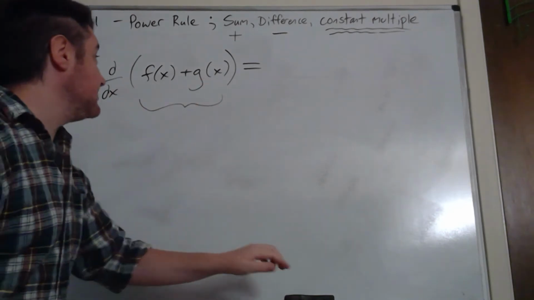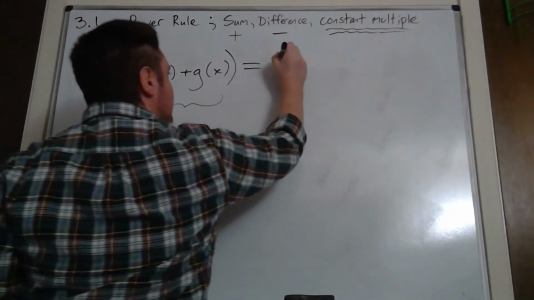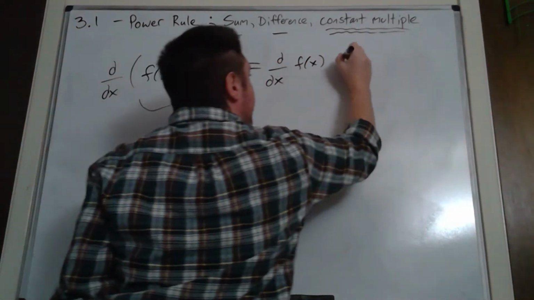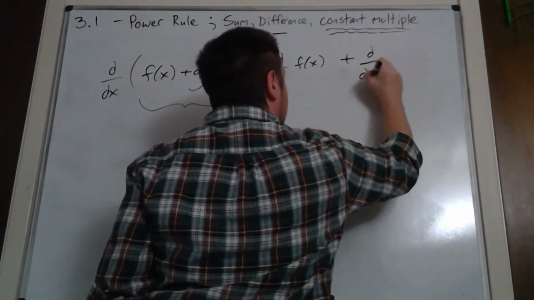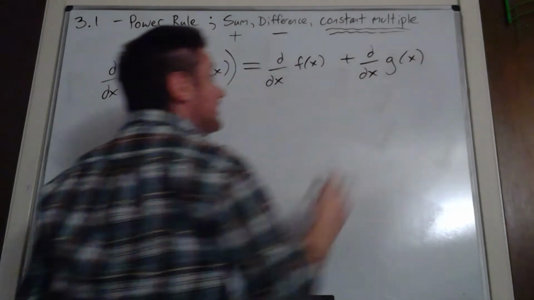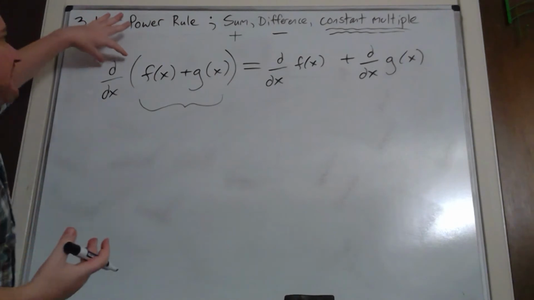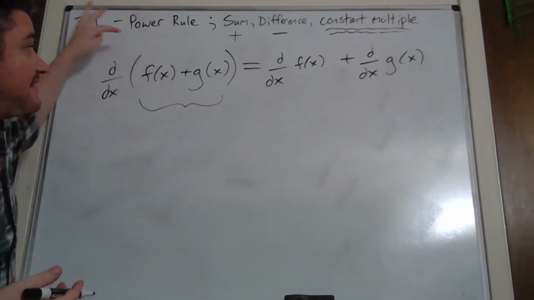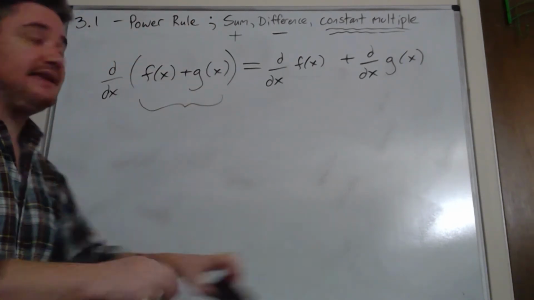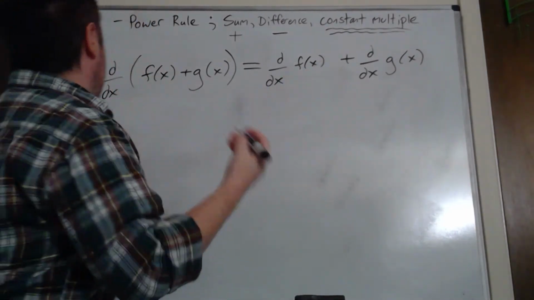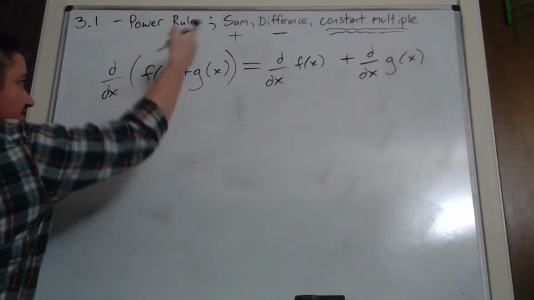I'll do some examples in a second. But what's nice about this rule is it's just the derivative of the first piece, so derivative of f, plus the derivative of g. Okay, you don't really say distribute in this sense, but it's kind of like that. This notation gets applied to the f and then also gets applied to the g, and then we just take each derivative individually and add them together. All right, so this is the sum rule.